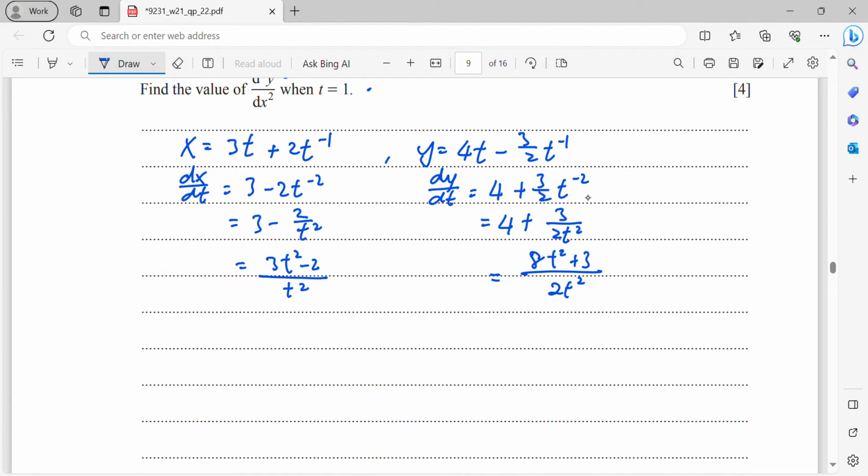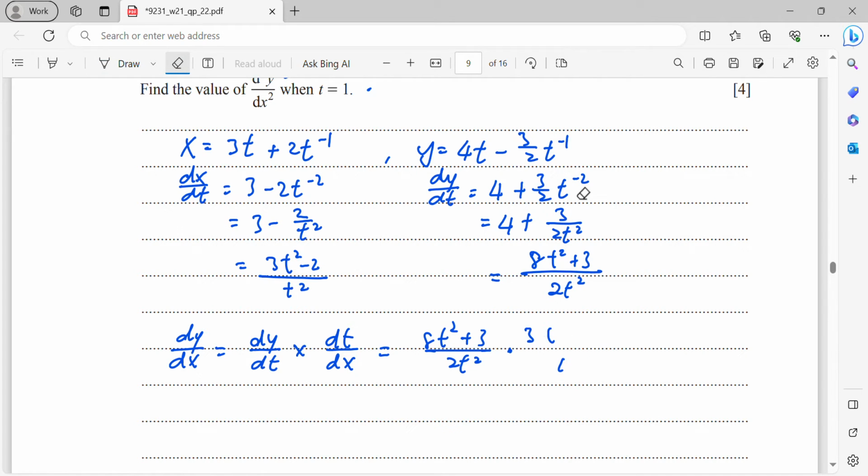So now, my dy dx is dy over dt times dt over dx. This is the chain rule. So which is 8t squared plus 3 over 2t squared multiplied with 3t squared minus 2 over t squared. Okay, wait, times dt over dx, I made a mistake.